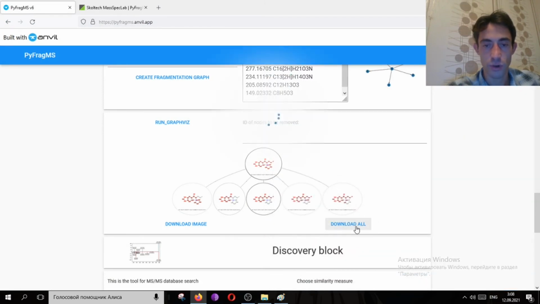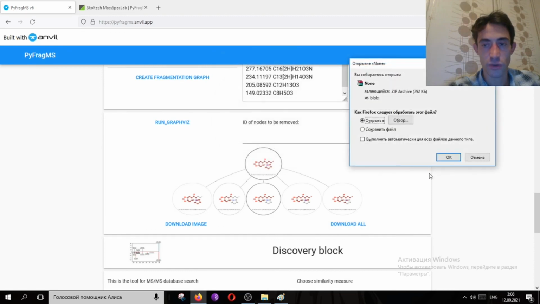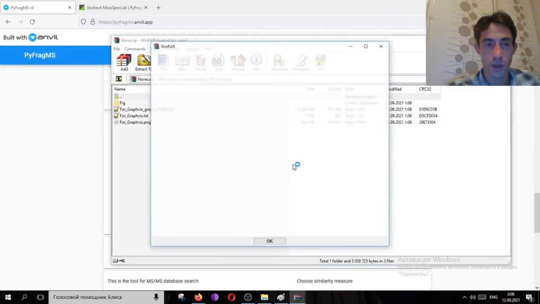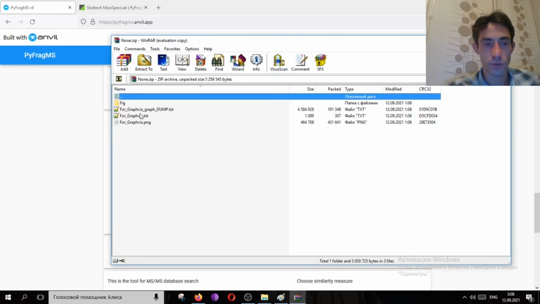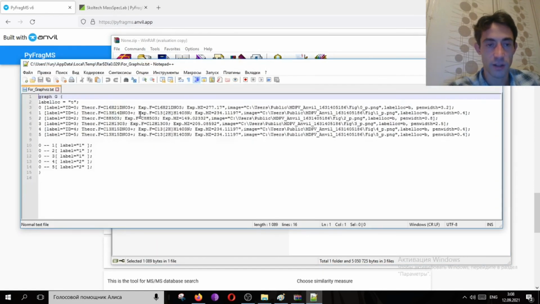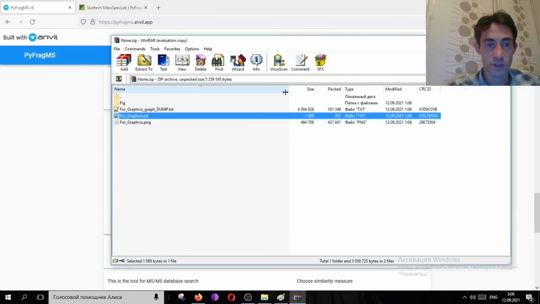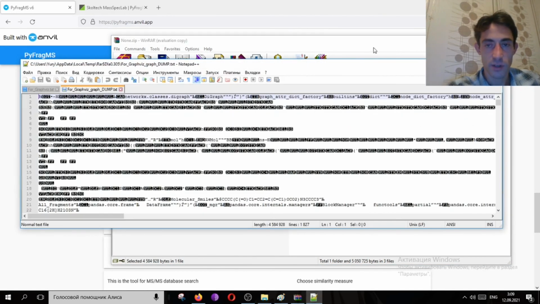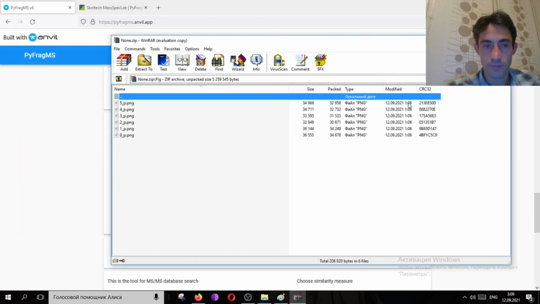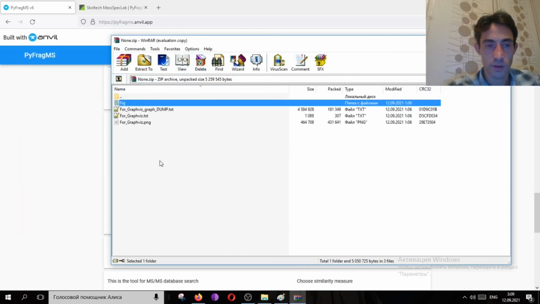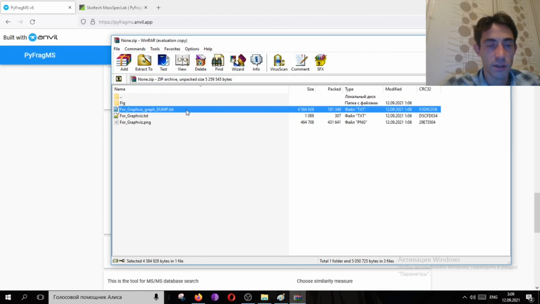It is possible to download not only the image, it's also possible to download a file for the graph with figures, so you can build the graph locally on your computer, and it's also possible to download the fragmentation graph in a pickle Python dump file.